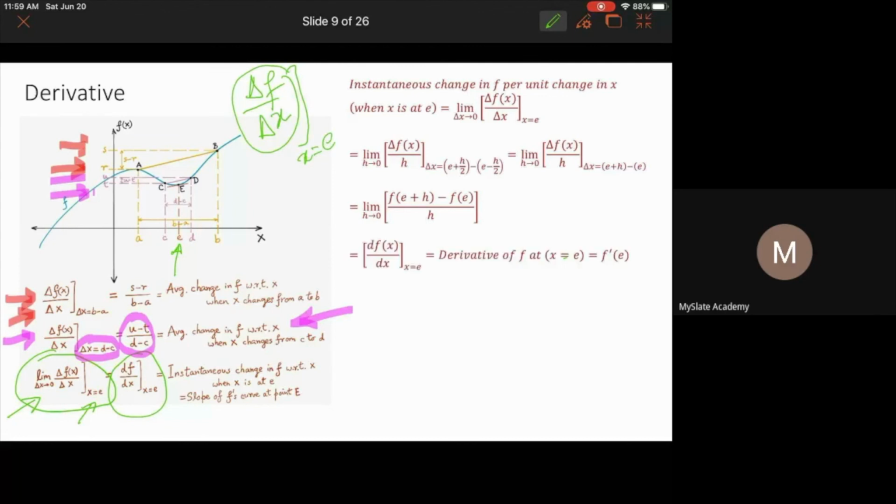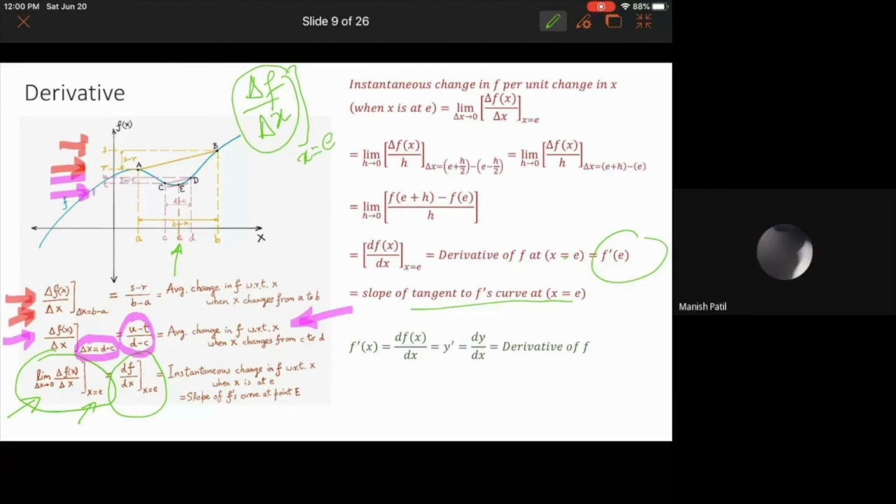So this is how we write it, df by dx, and this is the derivative, and we also write it as f prime of c, the derivative of f at c, and we have seen that this is the slope of the tangent to the curve of f at x equal to c. And now, so far we were looking at a particular point c. Now, how about a general expression for any arbitrary point x?